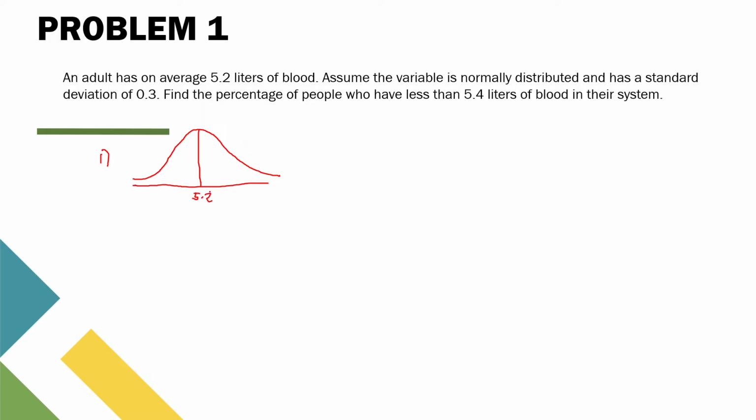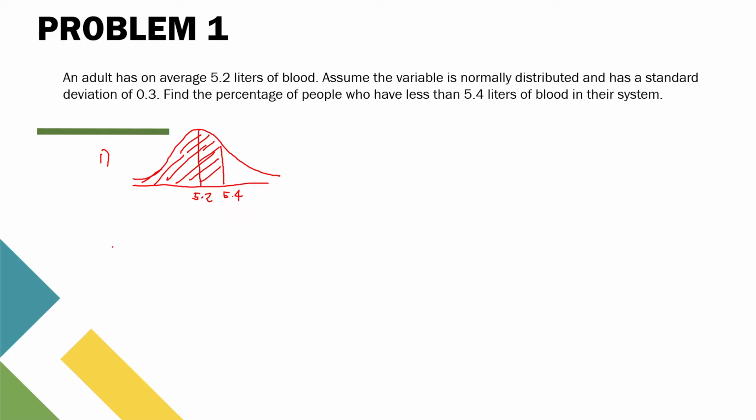So if this is 5.2, let us assume here this is 5.4. Everything less than that is the shaded part of our normal curve, with a standard deviation of 0.3.